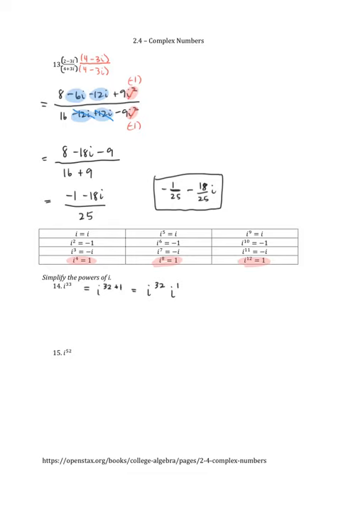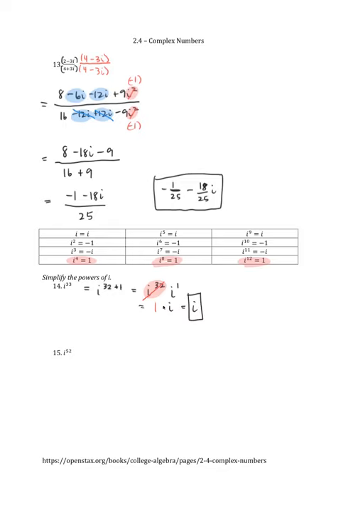The reason I wanted to break it down like that is because 32 is evenly divisible by 4. If the exponent is evenly divisible by 4, then that piece is going to simply be a 1. So now I have 1 times i to the 1st, which is just i, and 1 times i is i. So now I'm done.